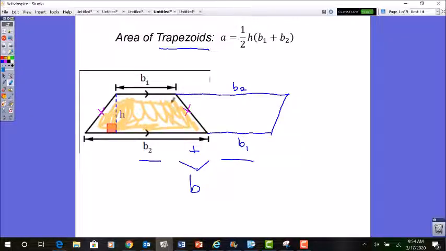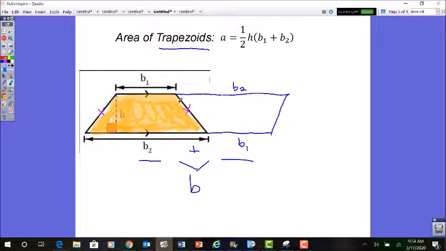So the area formula for a trapezoid is just the area formula for a parallelogram cut in half, because when you put two trapezoids together and flip one, like you just saw what I did there, you make one large parallelogram. But again, we want just the area of that initial trapezoid.